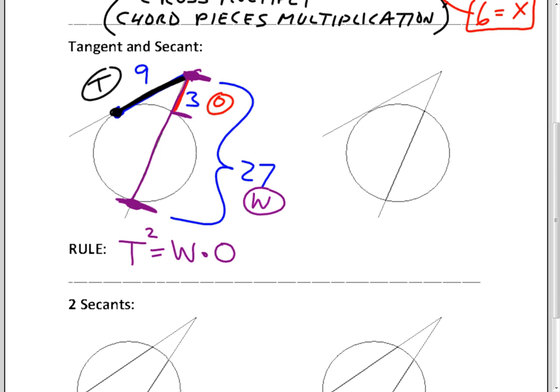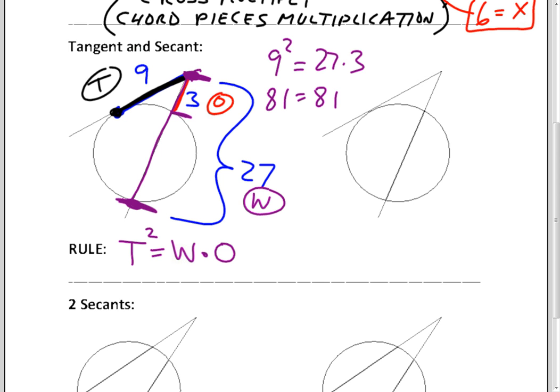We call it the 2 rule. Take the tangent, square it. That's going to be equal to the whole length times the outer length. What is 9 squared? 81. What is 27 times 3? 81. That will always occur when you have a tangent secant situation and you're looking at distances and lengths.